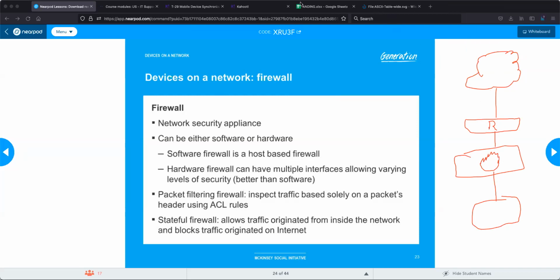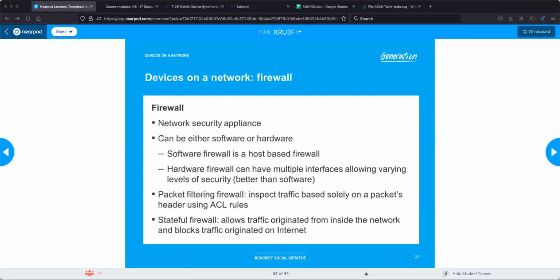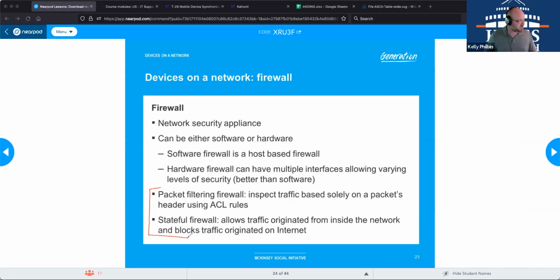Thank you. As far as stateful and stateless, we'll get into that a little bit later. Yes, TW. Some of the good ones are very, very expensive, right? So in a cost-minded company, what ways would they try to implement to install a firewall device without spending so much money?